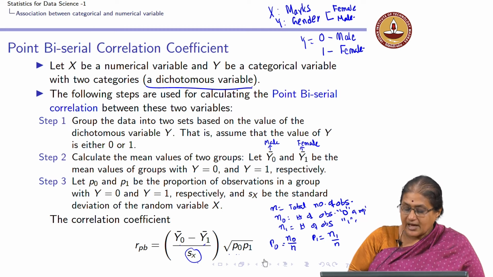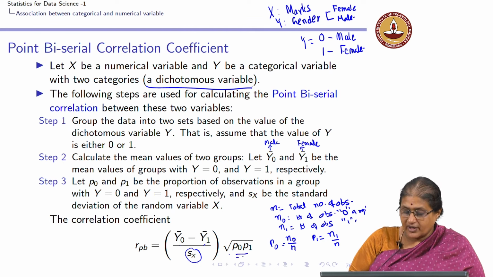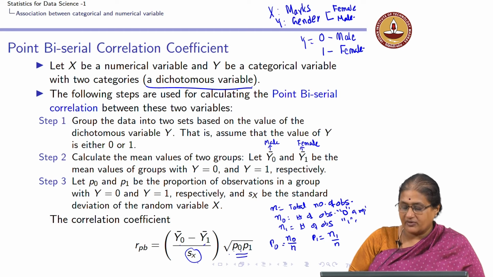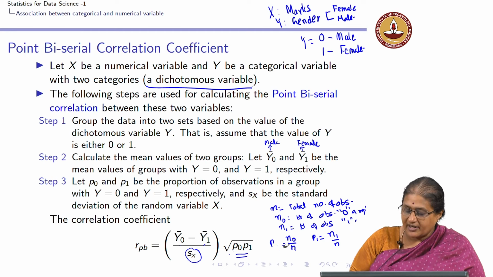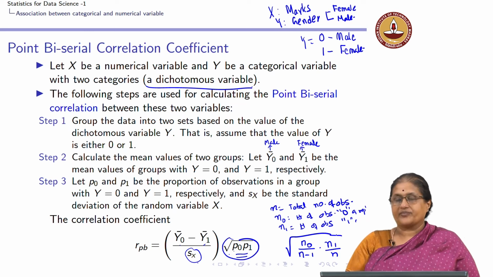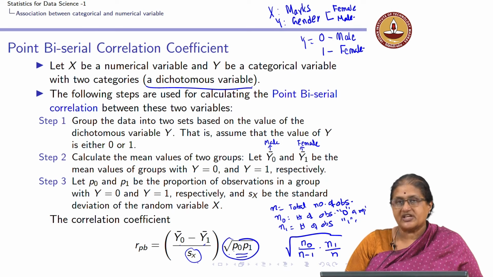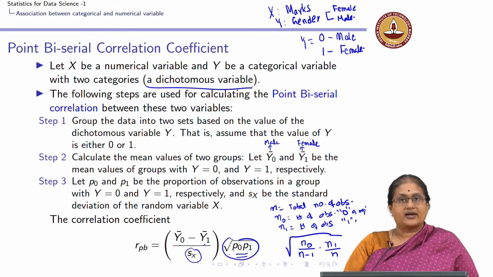Okay. Some books or some authors, instead of looking at this as P naught into P1, use a sample correction, where this term is replaced by N naught by N minus 1 into N1 by N. So, you can see again this N minus 1, which keeps playing a role always when you talk about sample characteristics.